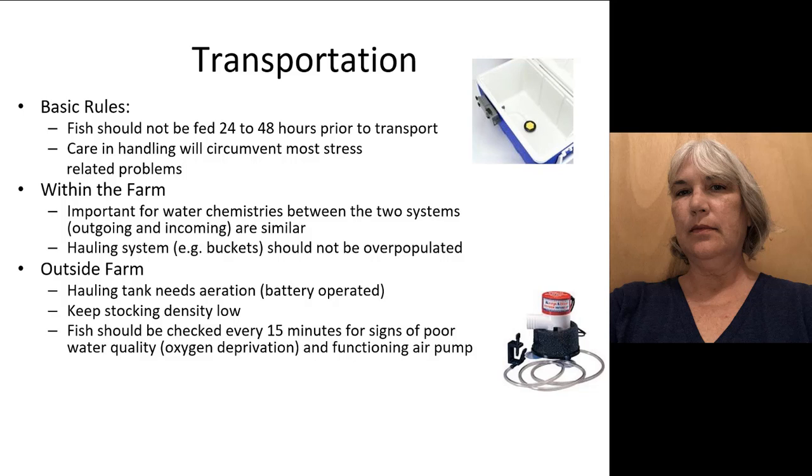If they're overcrowded, they'll get very stressed out. Make sure there's a battery-operated aerator on board as well. Some fish species also benefit from a low-dose anesthesia or even a salt concentration from 0.5 to 1%. But that's to help with their osmoregulation. But this is very dependent on species.